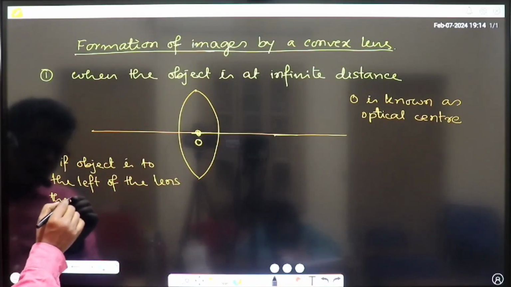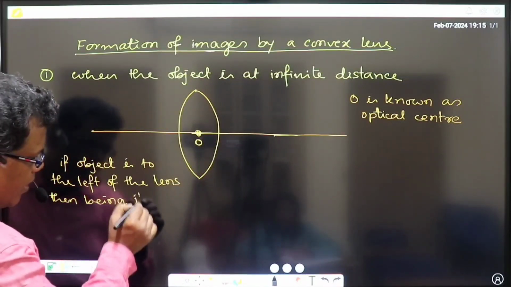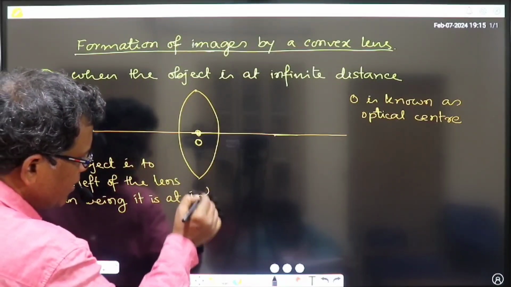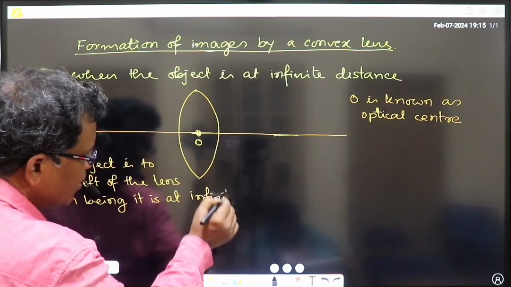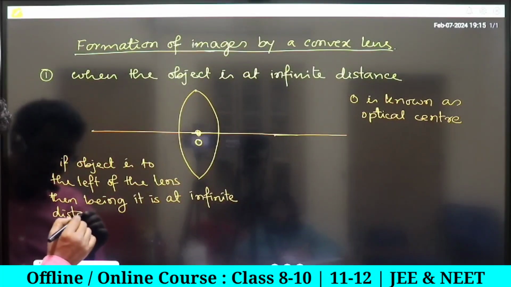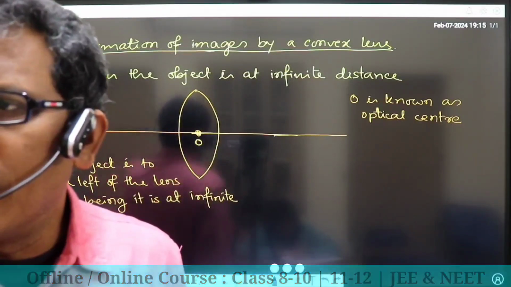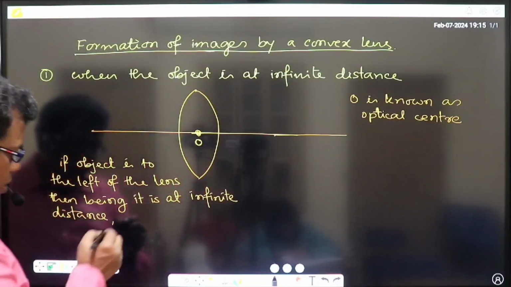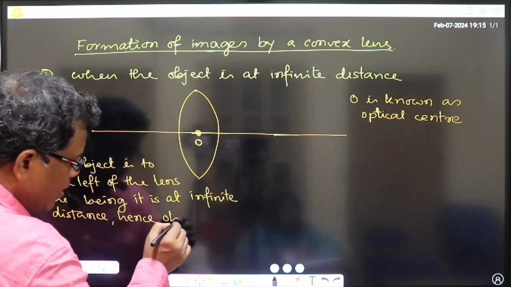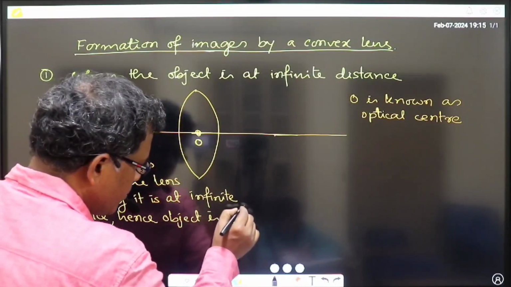Then, being at infinite distance, hence the object is not visible.